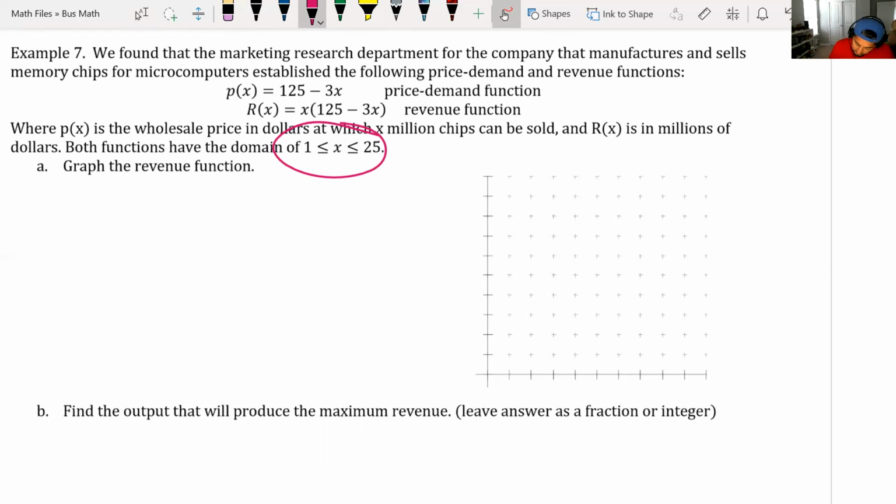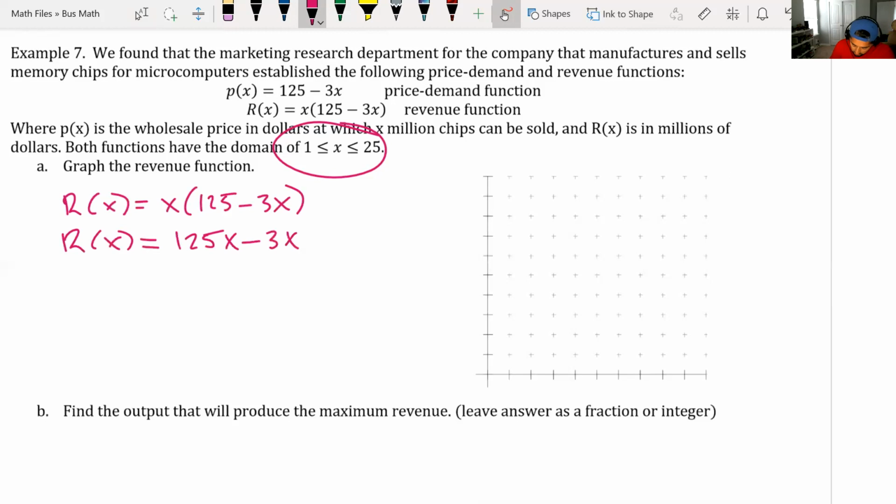Okay, so revenue is given by x times 125 minus 3x. Well, why not just distribute the x? And get 125x minus 3x squared.